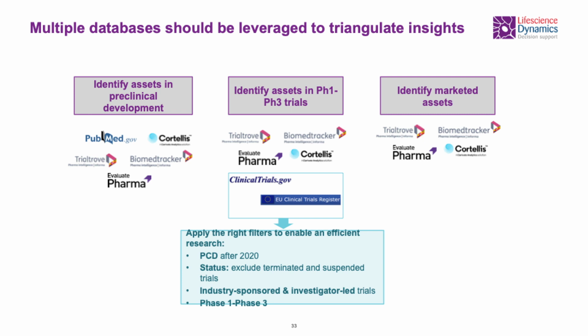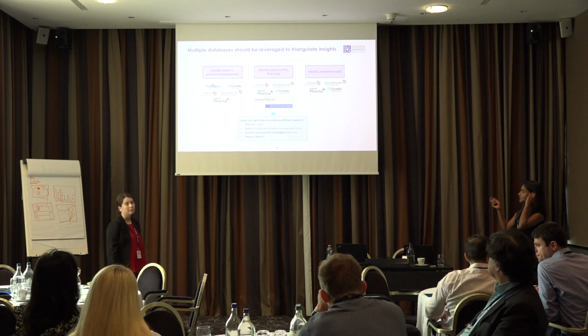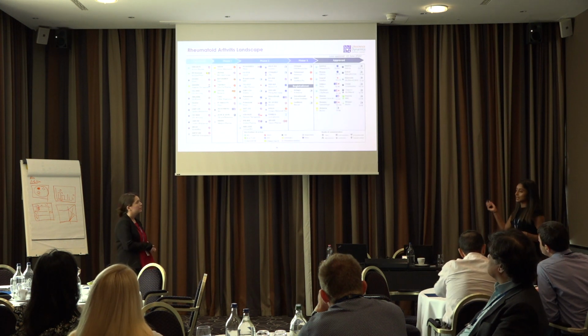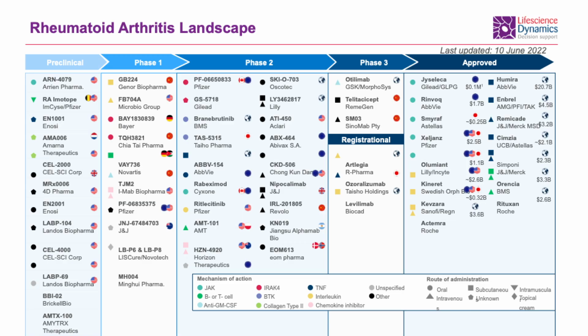So we basically said primary completion date after 2020, so things that are active, excluding terminated and suspended trials or investigator-led trials. And again, for these, phase 1 to phase 3 is most obvious. And then we identified marketed assets through these as well. And this was the landscape that we then generated.